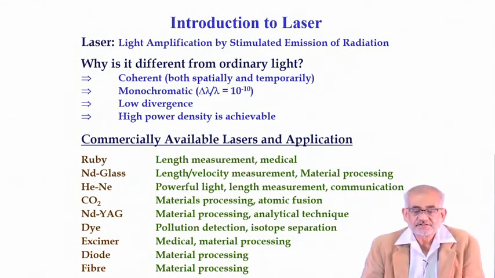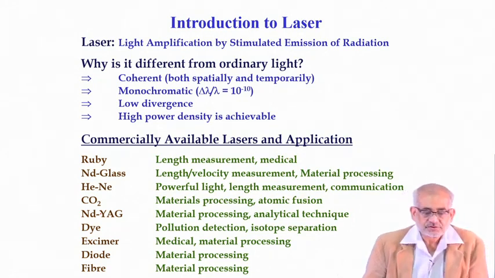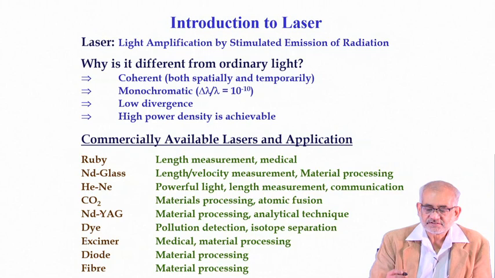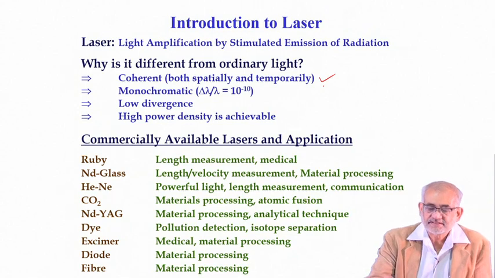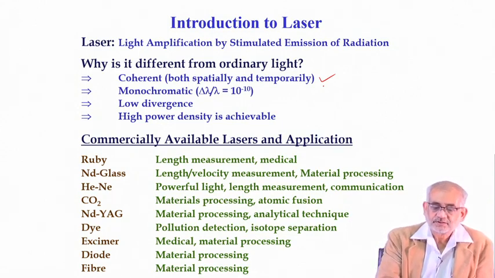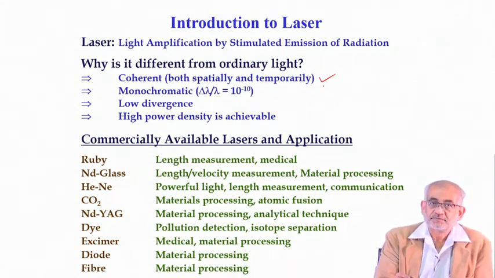There are a few features which make laser so useful for material processing. There are 4 specific characteristics we should talk about. Number 1, we are talking about a beam coherent both spatially, in space, and temporally, in time, comprising multiple rays which are completely coherent with each other.